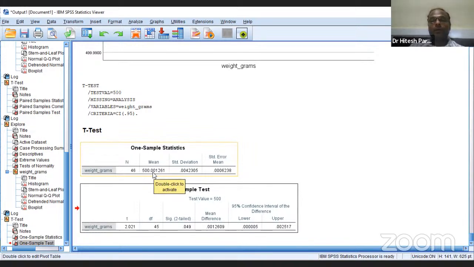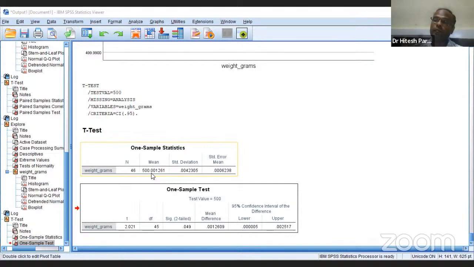Right? Because of how you measured it. You measured it with respect to minor values, 500.001261. So after the point, how many digits do you consider? 6 digits. So automatically SPSS understood that this is an extremely important variable, where readings are being taken minutely. The commodity is extremely important. So 0.001261 gram also is being measured, right? So a very small minor difference is also becoming significant.